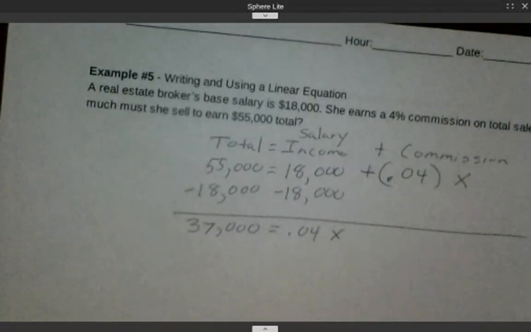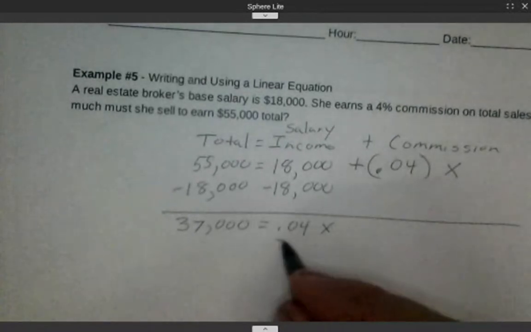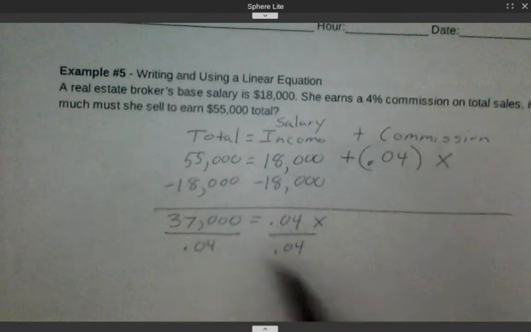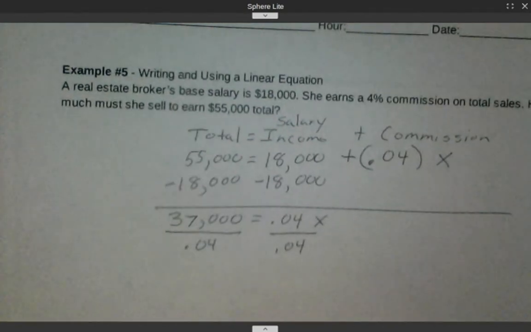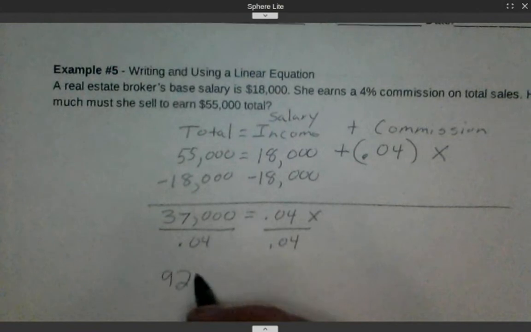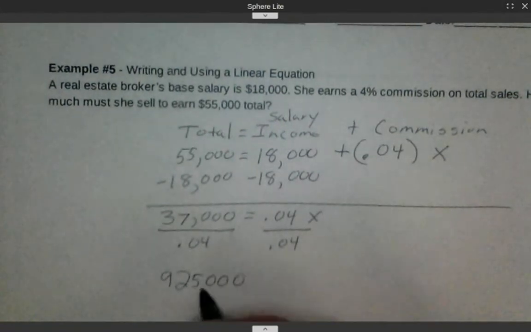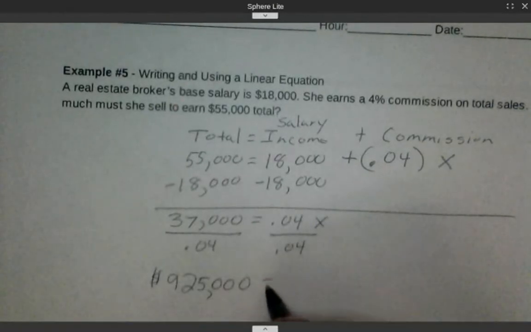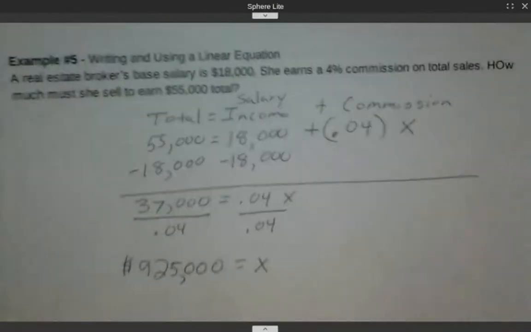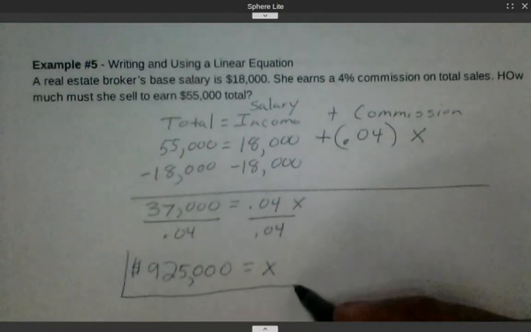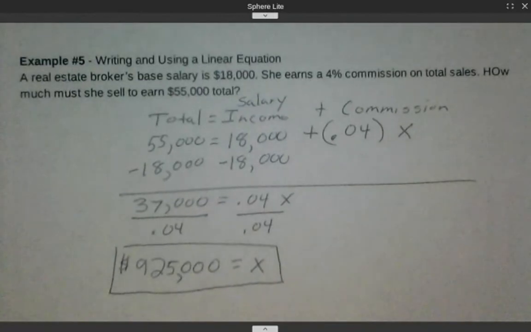Now to get x by itself, we have to divide both sides by 0.04. And in my calculator, I get 925,000. Put in my commas so that way it's easier to read. So she has to make a total sales of 925,000 just for her to make $55,000. So that is the notes.